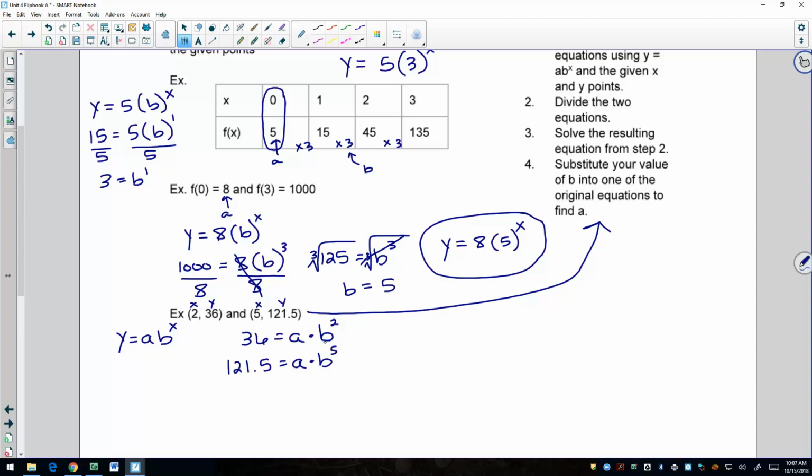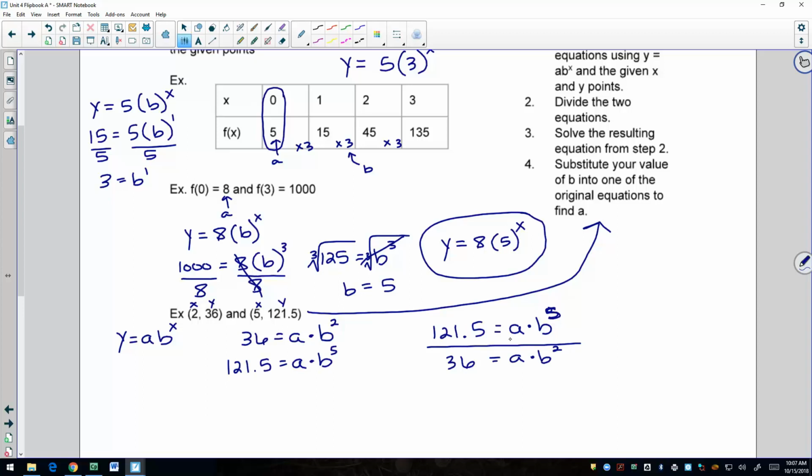Now actually I should have done this to begin with, but I'm going to write the bigger number on top because when we divide, we're going to end up dividing, not adding or subtracting, because there's no plus signs or minus signs. So there's multiplication. So we're going to divide the top by the bottom, and we usually want the bigger number on top. I'm just writing the wrong numbers everywhere. This is the fifth. a times b to the second.